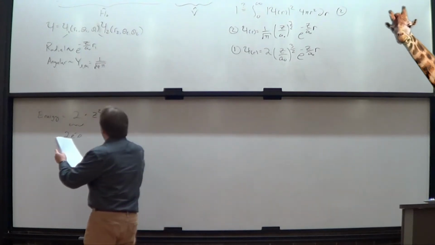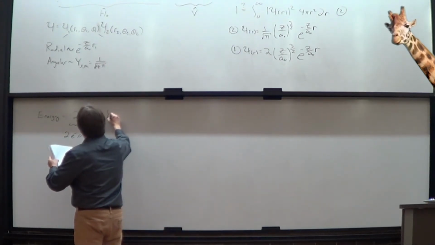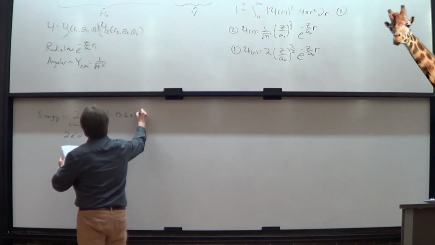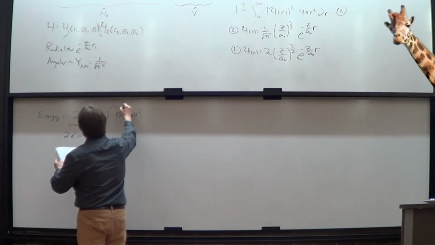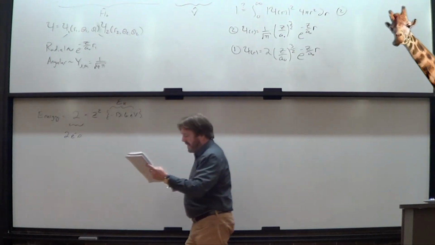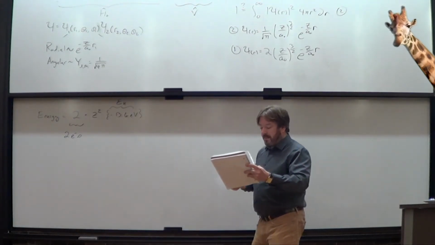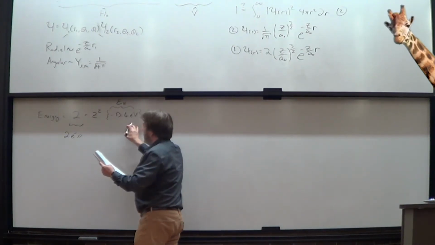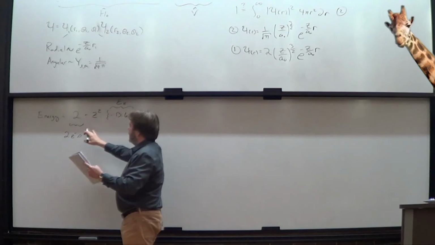Okay. Now, of course, if Z is 1, you better get minus 13.6 eV, often referred to as E_H, energy of a hydrogen atom. So that's what you need to be getting if Z is 1. Okay, now again, I've got 2 electrons.